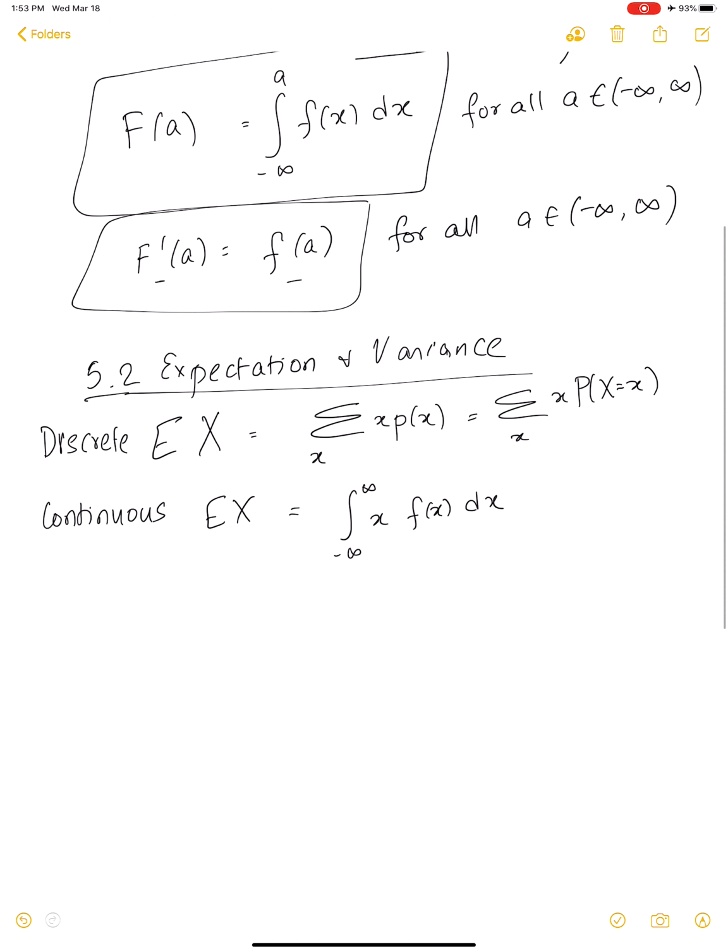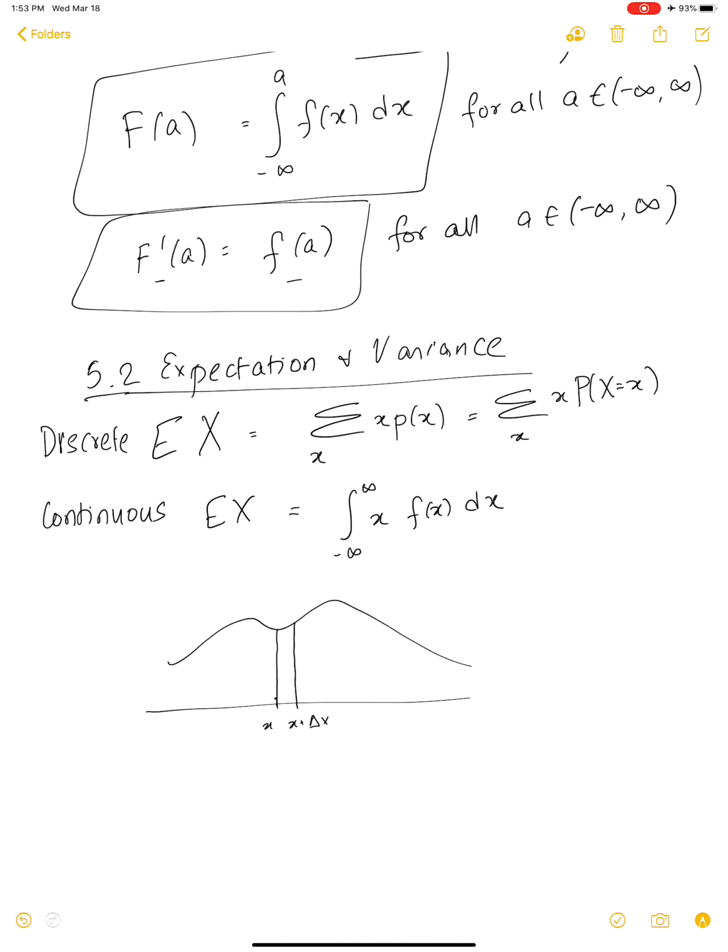And what are different ways you could look at this? Well, there are multiple ways. You can do a limit of Riemann sums, and you can say, here's your density, and for any x, let's look at a small neighborhood, going from x to x plus delta x.